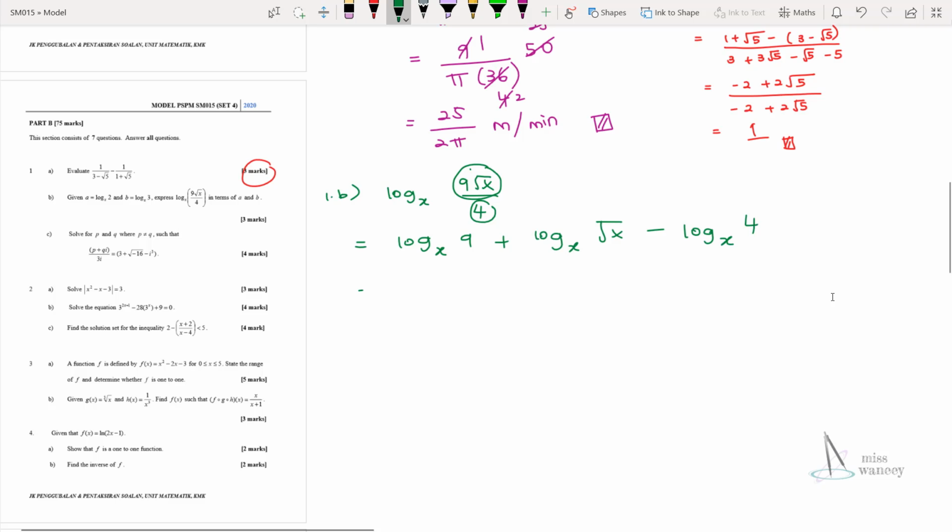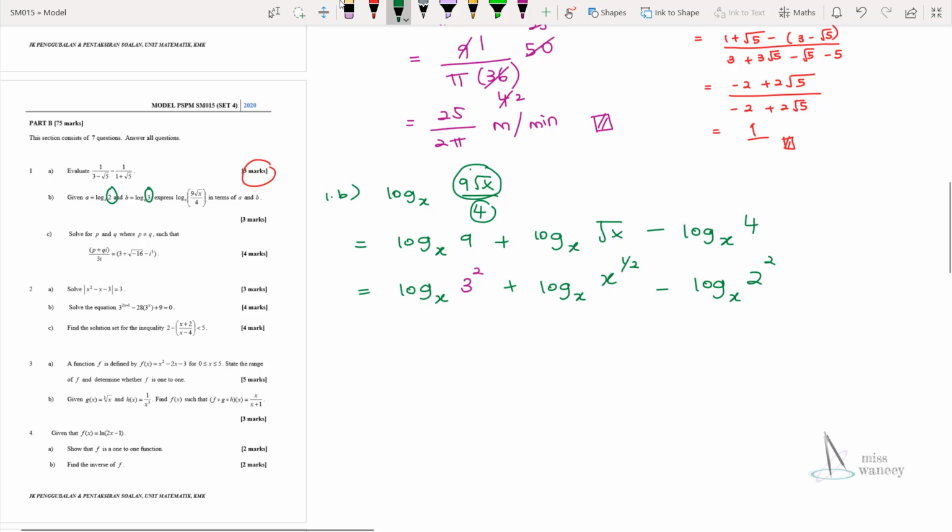I don't have log_x 9, since it's given that this is 2 and this is 3, but I do know 9 is 3 squared, so I'm going to change that. So log_x 3 squared, plus log_x of x to the power of half, since square root of x is x to the power of half, minus log_x 2 to the power of 2.